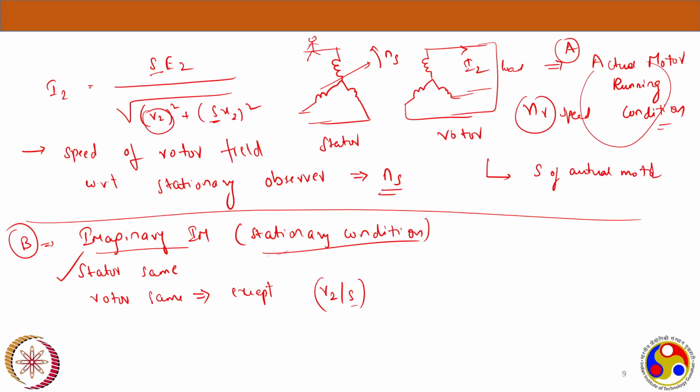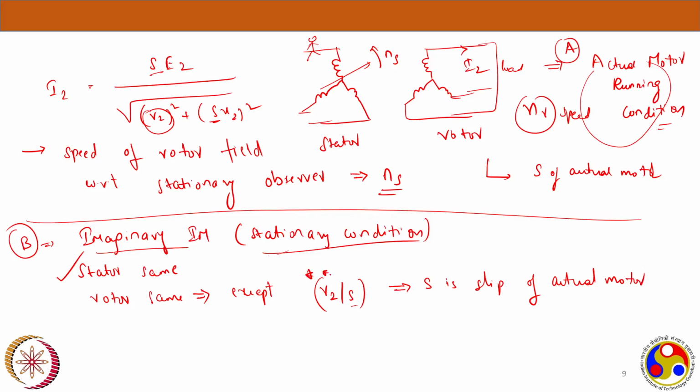So while imagining my imaginary motor, I will design my rotor resistance such that it is R2 divided by S, where this S is the slip of the actual motor. So this is important.